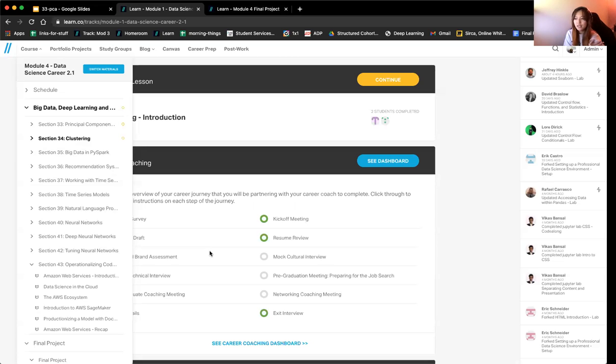All the instructions are in there. Basically that AWS section is about how you do a machine learning project on AWS. So no new concepts, just a new platform. That is the structure of mod 4.